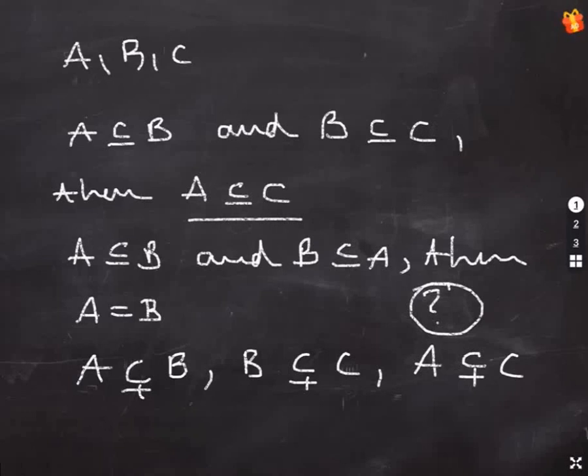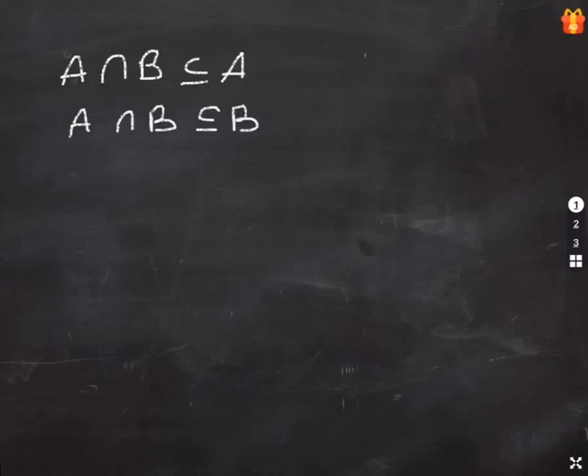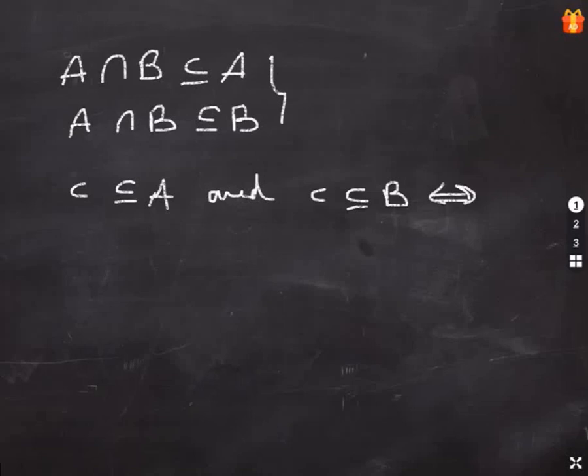So, first of all, if you have three sets, A, B, and C, you can show that A intersection B is a subset of A, and that A intersection B is a subset of B. Moreover, C is a subset of A, and C is a subset of B if and only if C is a subset of A intersection B.